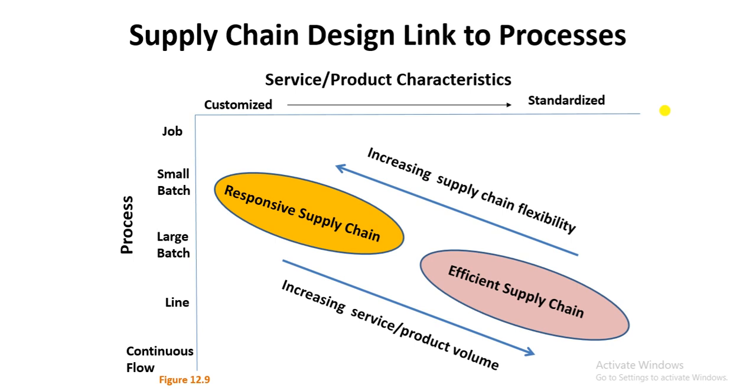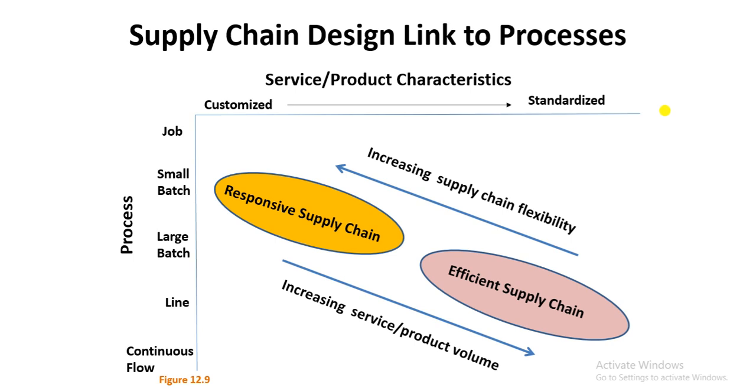On the horizontal axis, he is talking about the characteristics of the products and the services. Initially, he is talking about customized products, but as you move from the left side of the graph to the right side, the customization will be less and the product will be more standardized.